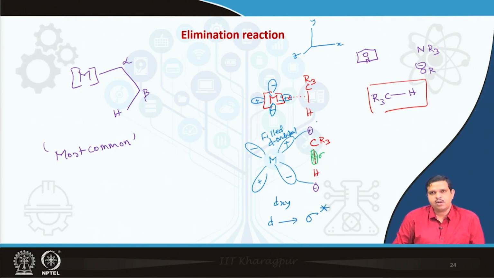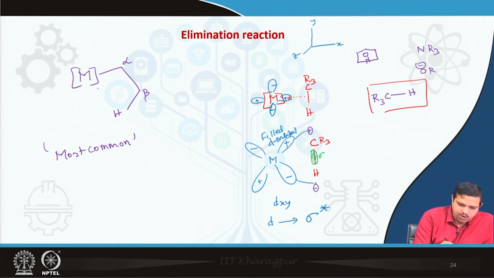Is it clear? So you are taking electron density from the bonding orbital and putting electron density on the anti-bonding orbital. That means you make the bond weak. If the bond is sufficiently weak, then it will be cleaved.